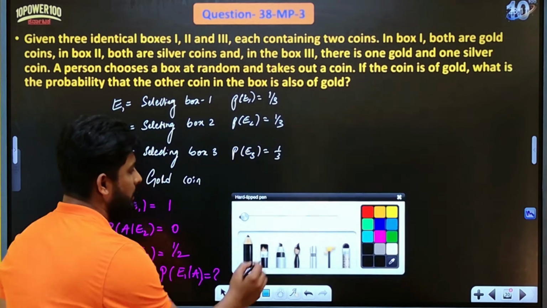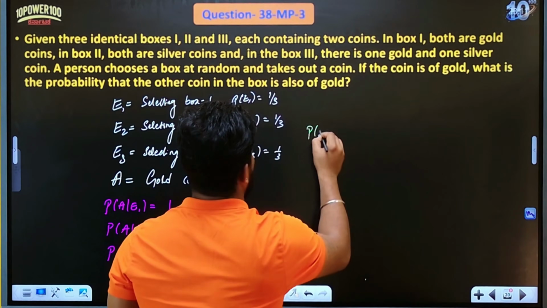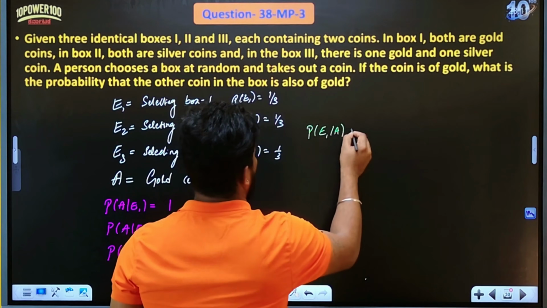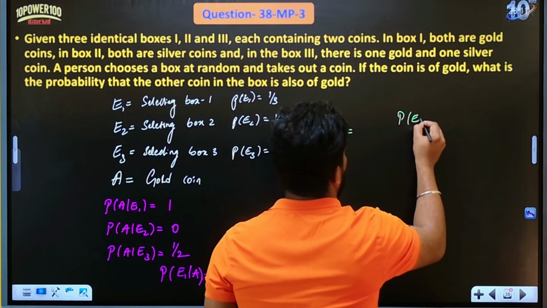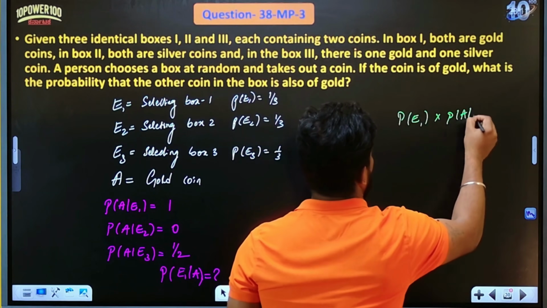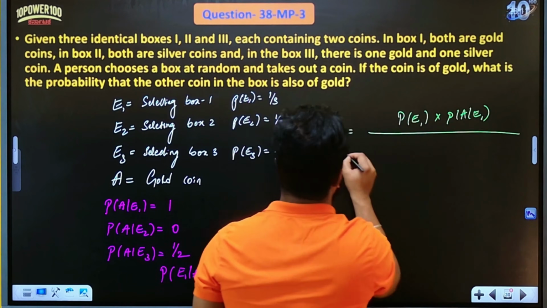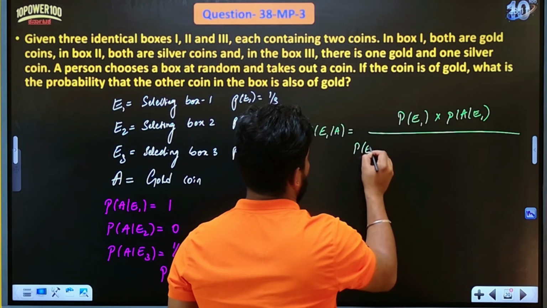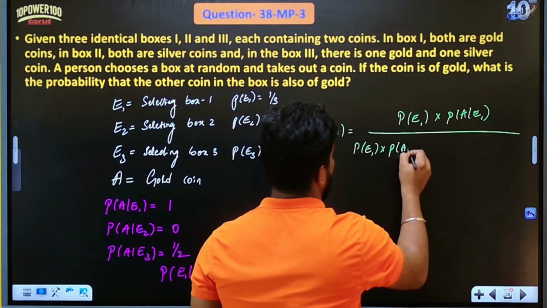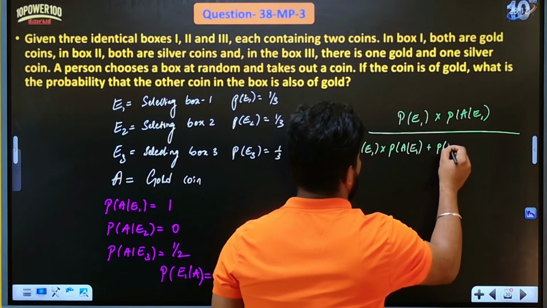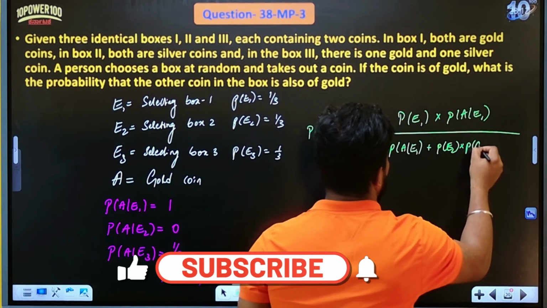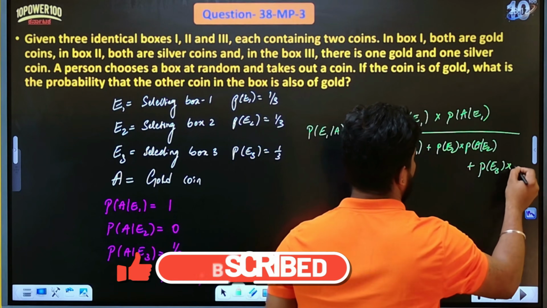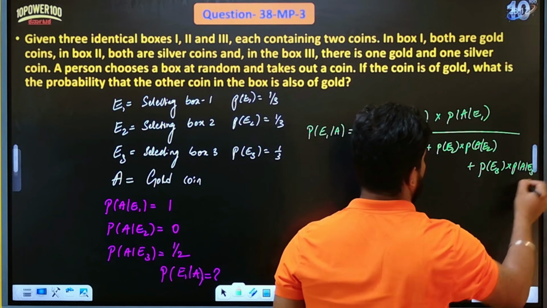Now simple. So P of E1 given A is P of E1 into probability of A given E1, all divided by the same thing: P of E1 into probability of A given E1 plus P of E2 into probability of A given E2 plus P of E3 into probability of A given E3.